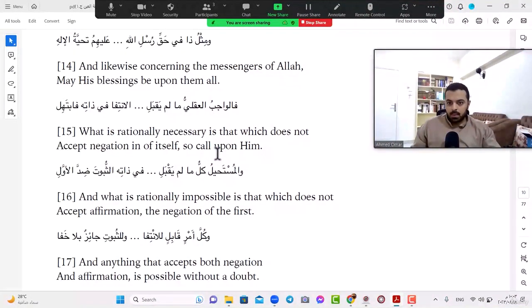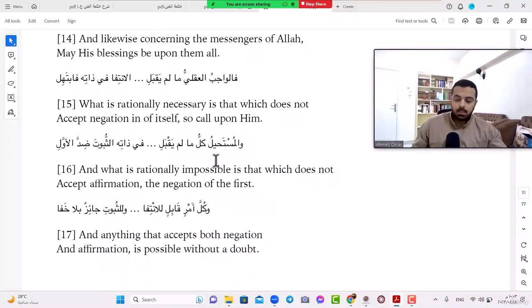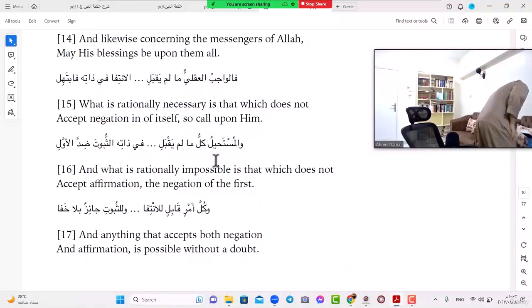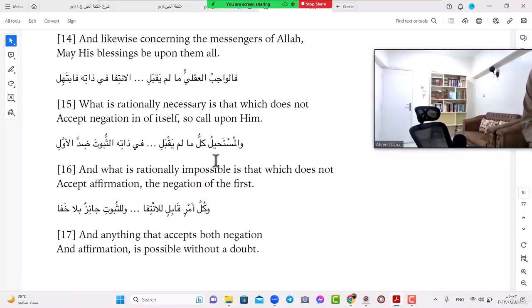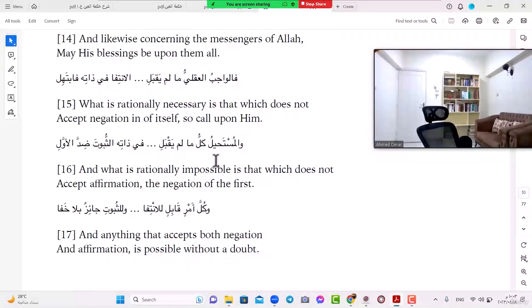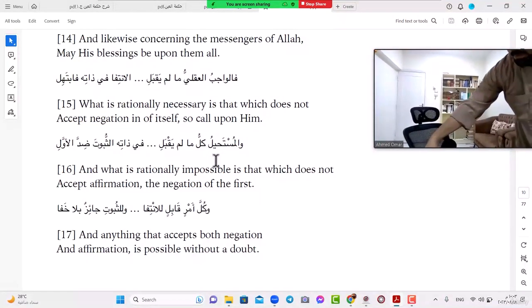And likewise concerning the messengers of Allah, may His blessings be upon them all. What is rationally necessary is that which does not accept negation in and of itself. And what is rationally impossible is that which does not accept affirmation, the negation of the first. And anything that accepts both negation and affirmation is possible without a doubt.